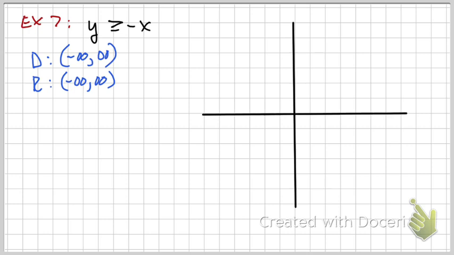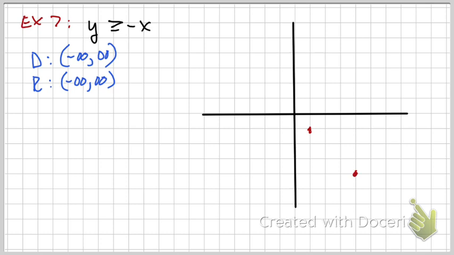I'm just going to put some points on here. If x is 1, what's y? If we were making a table. It says y is negative x. So if x is 1, y is negative 1, right? What if x is 4? Negative 4.